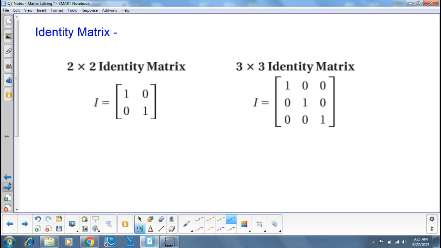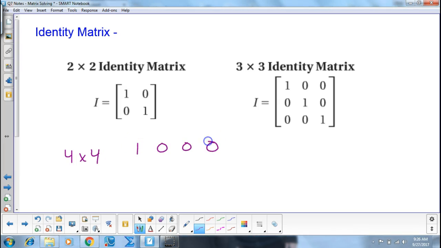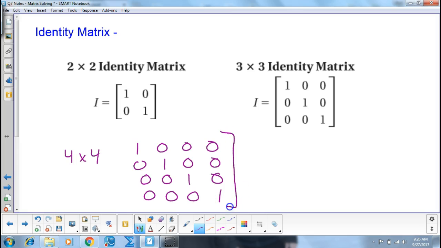Okay? So that's the identity matrix for a 3 by 3. A 4 by 4 would be 1, 0, 0, 0, 0, 1, 0, 0, 0, 0, 1, 0, 0, 0, 0, 1. All right? 1's down the main diagonal, 0's everywhere else.